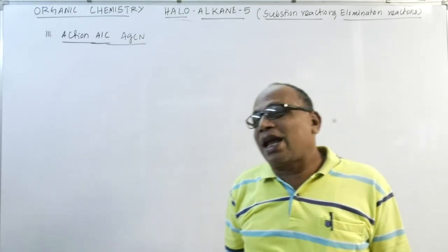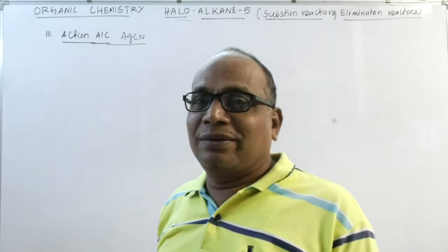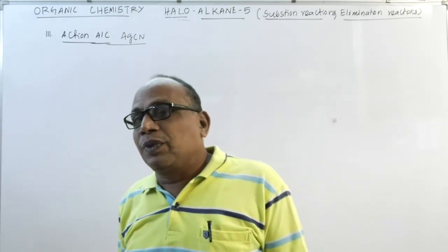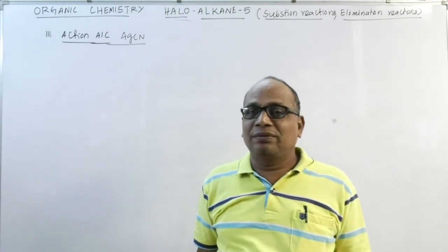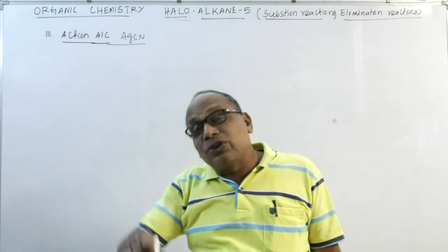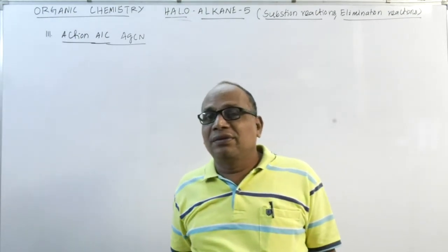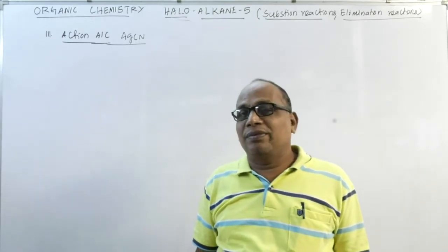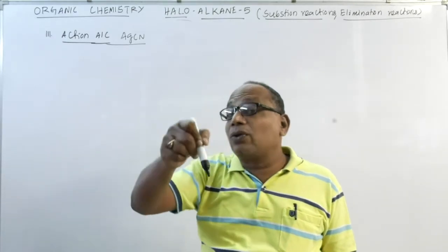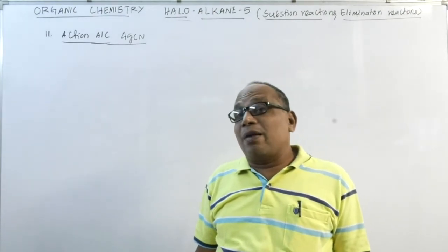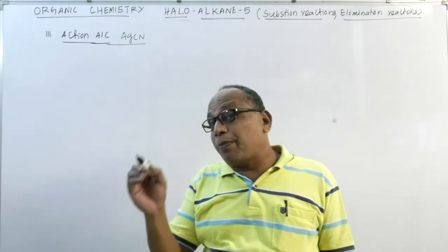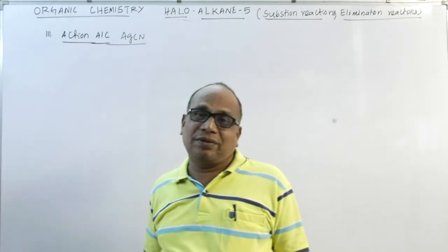You will not get the same product, because potassium cyanide is ionic in nature, and the negative charge is carried by the carbon atom. That's why carbon will attack the halogenated carbon atom, and there is formation of a C-C bond.